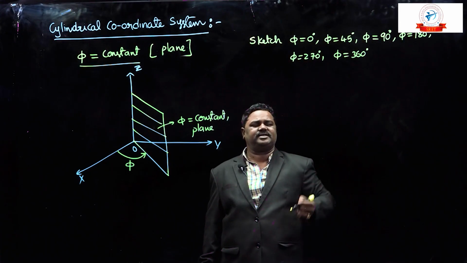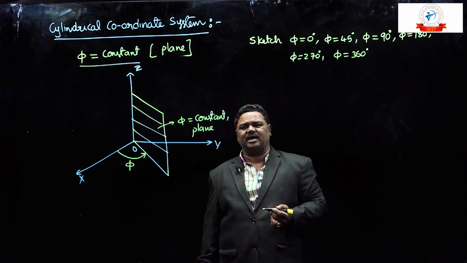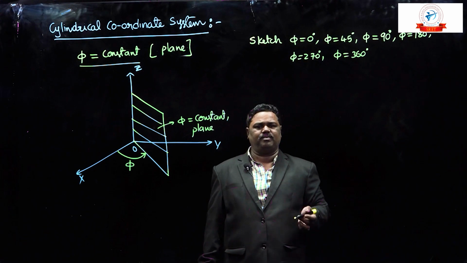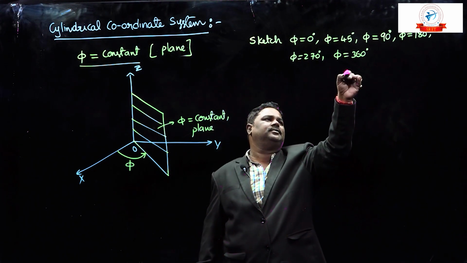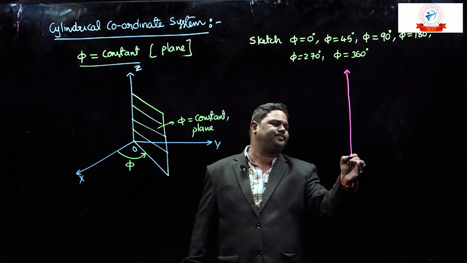Once you sketch these diagrams, you will better understand what is meant by the phi is equal to constant plane. So for that, consider the coordinate axis.